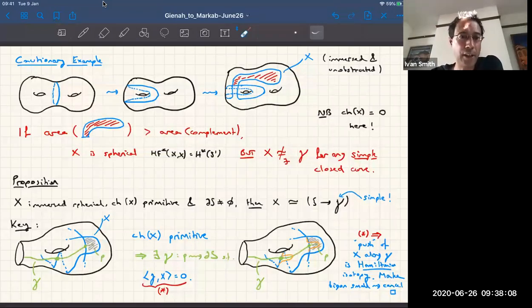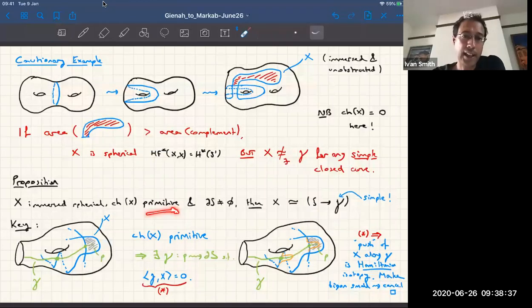Suppose I have a geometric object, an immersed curve, which I know is spherical and whose Chern character I'm told is primitive. And I'm on a surface which is not compact, so I have some boundary or punctures. Then the claim is that X is quasi-isomorphic to what we want, a rank 1 local system on a simple embedded curve.